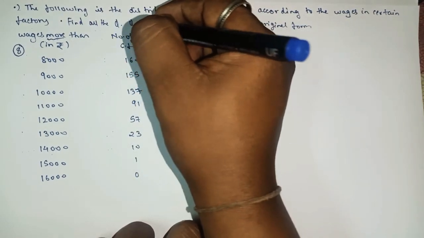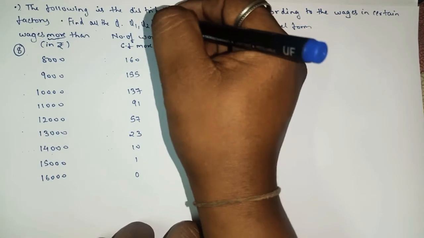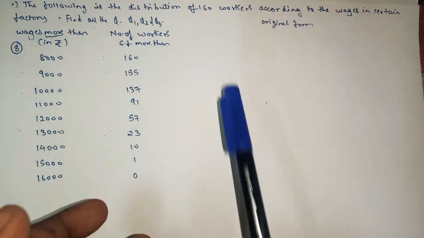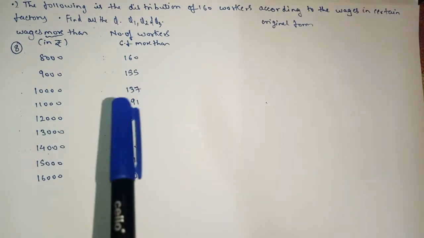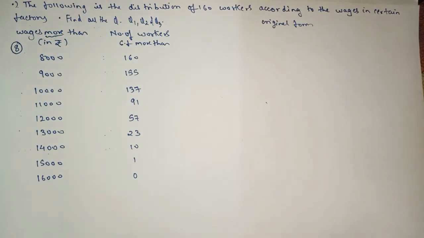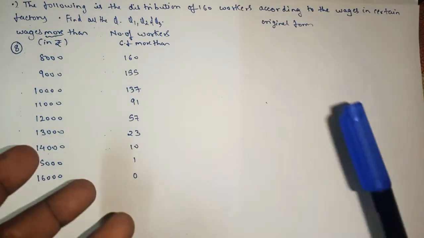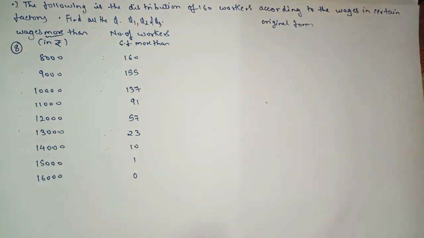So that means you have to find Q1, Q2 as well as Q3 for this sum. And we know that whenever we have to find all the quartiles, as I told, this sum is based on type number 3. So for type number 3, we must require the class as well as the frequency, and without knowing the class and frequency we cannot find our answer.